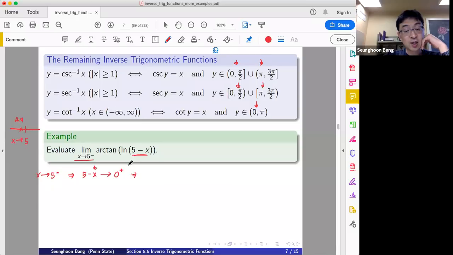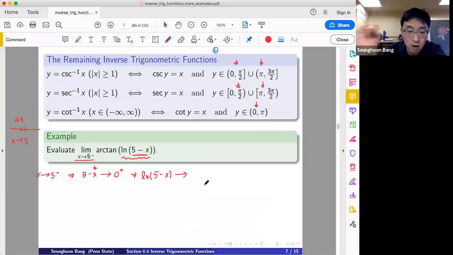The next one is the ln function. What happens to the ln function? What is your answer? Could you write your answer for this one? The ln of 5 minus x approaches minus infinity.